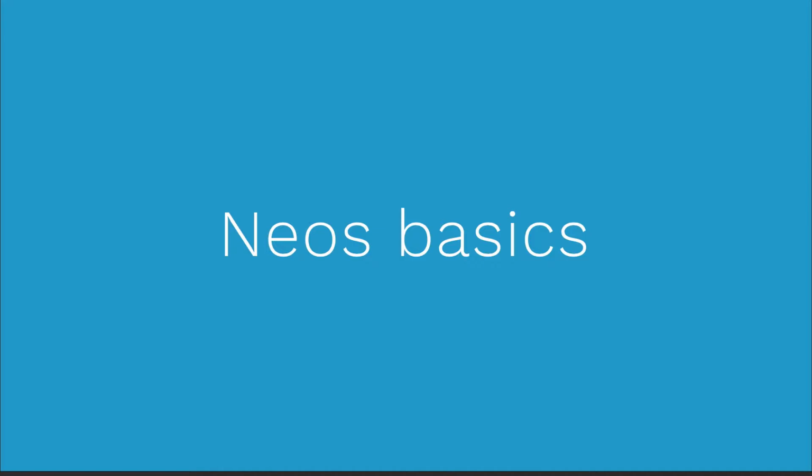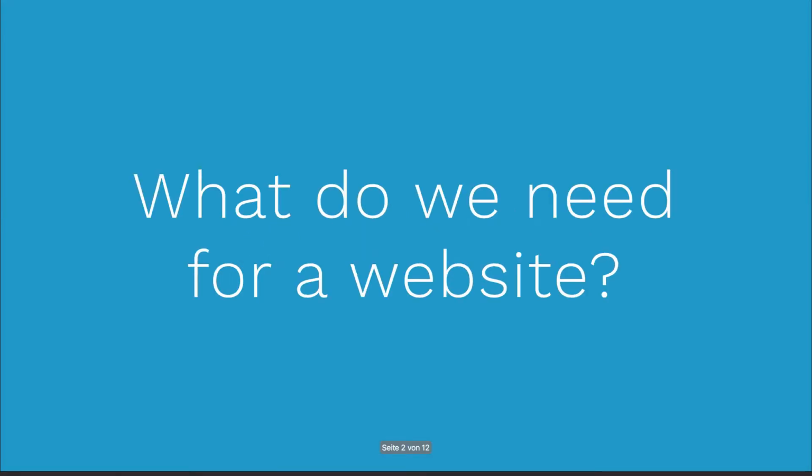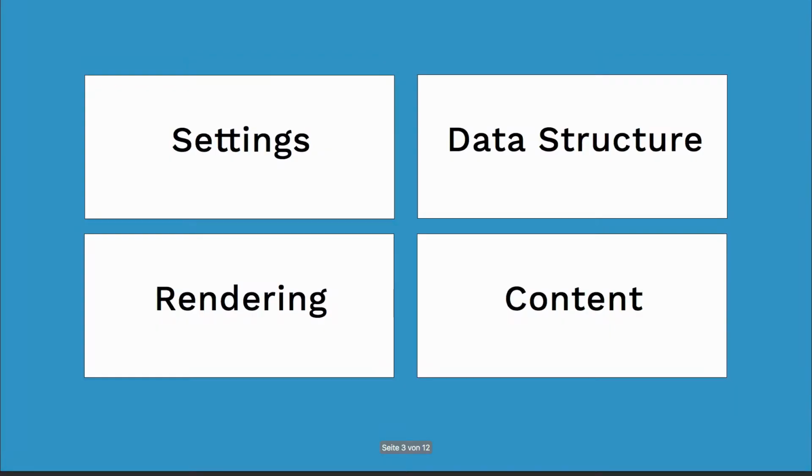So the first question is, what do you actually need for a website? We have four things we need for a website. The first one is some kind of configuration of a website. We call it settings, where you define, for example, what kind of languages you support, or how the system can connect with the database.